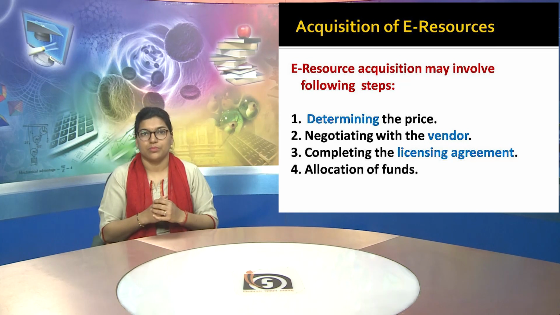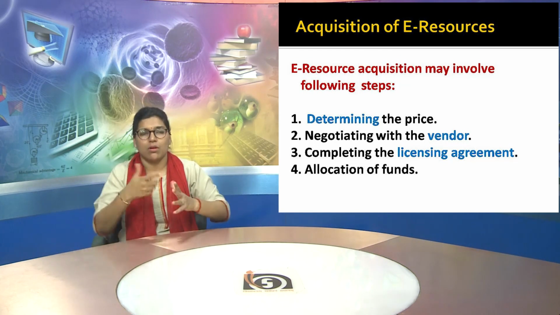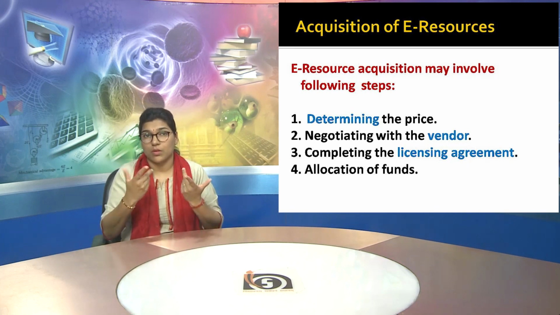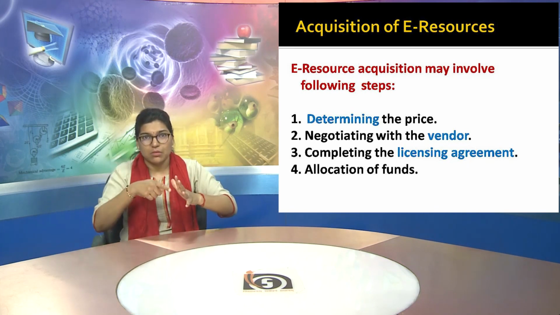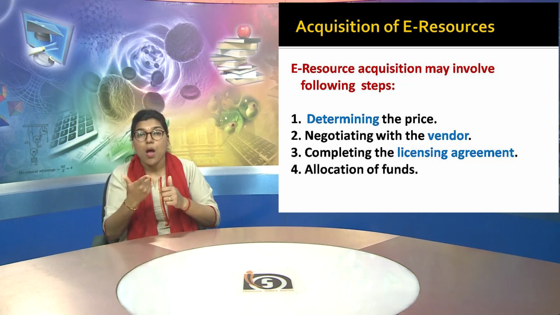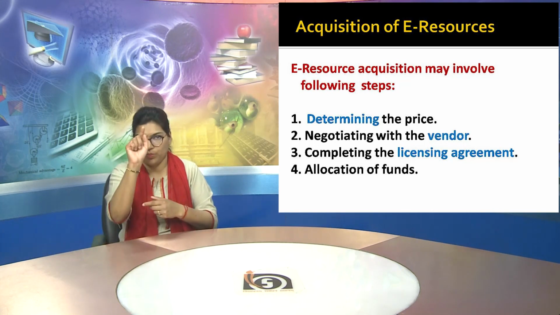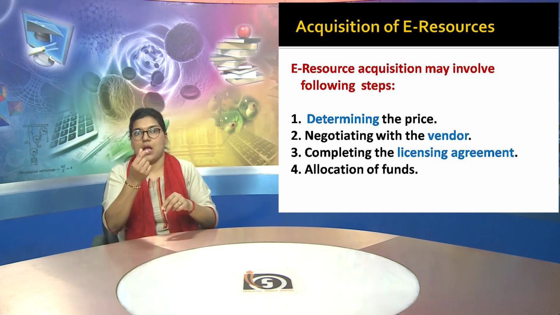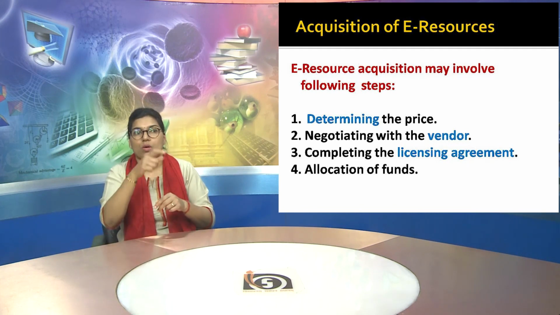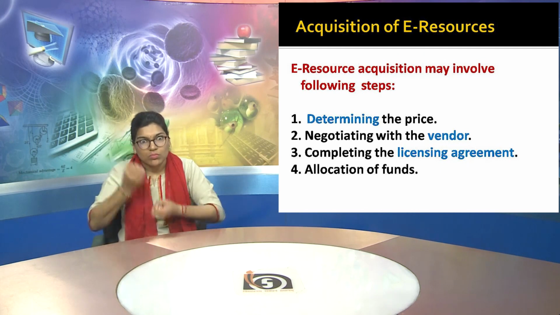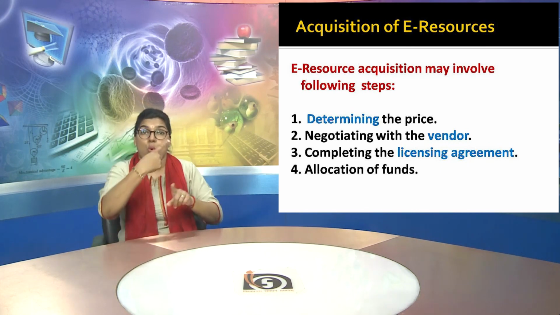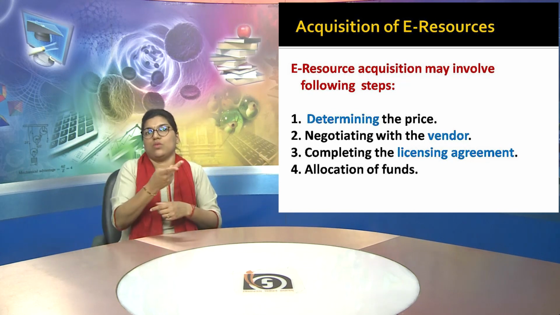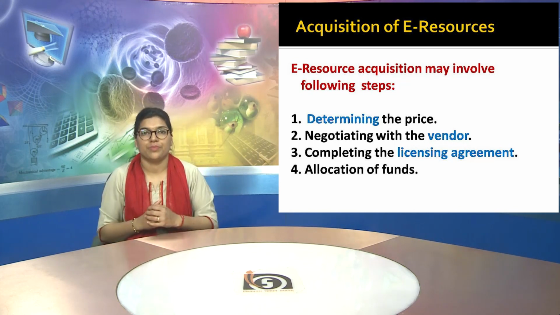Now this is the second step, which is acquisition of e-resource. You can see the headline in red color, which explains that e-resource acquisition may involve following steps. So these are the 4 steps which you can see on the screen also. The first step is determining the price.